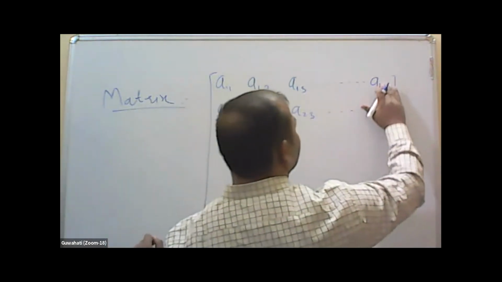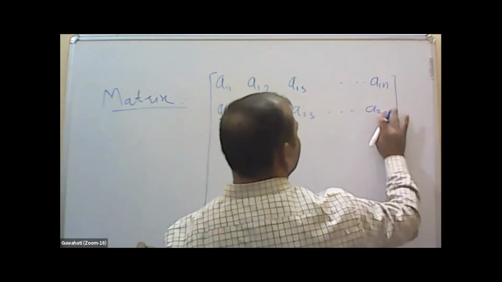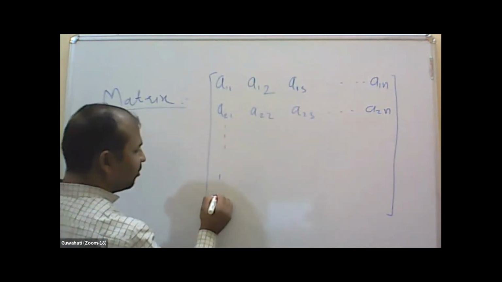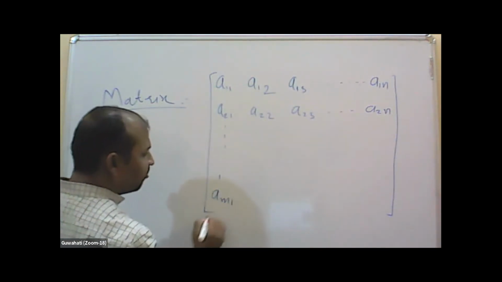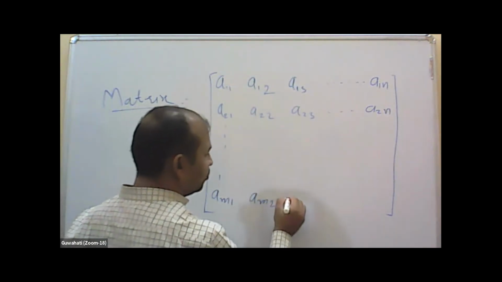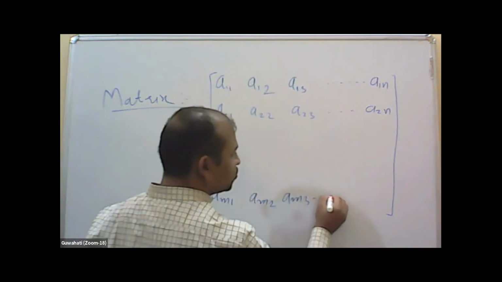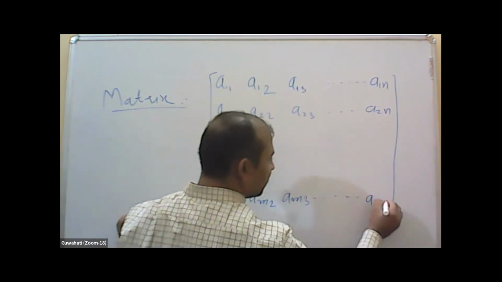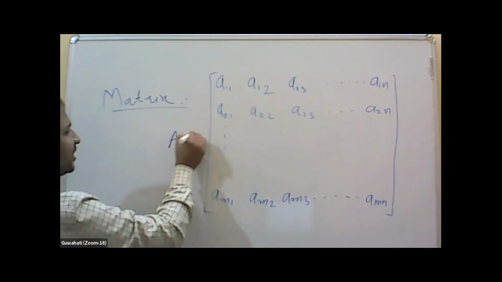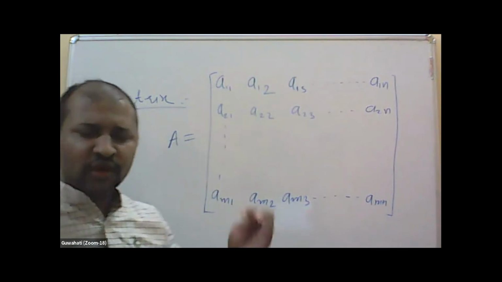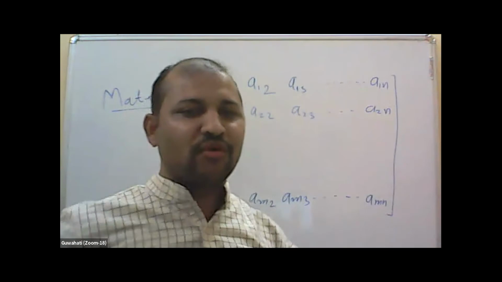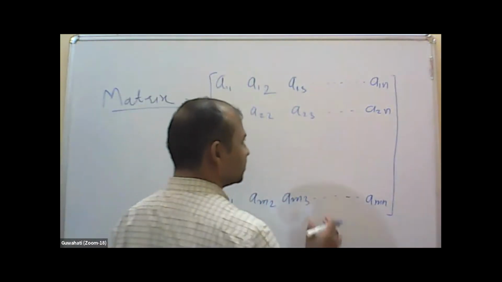I will write n here for the time being because I would require this. Then we have Am1, Am2, Am3, and so on to Amn. This is called the general representation of a matrix, a very general representation of the matrix.